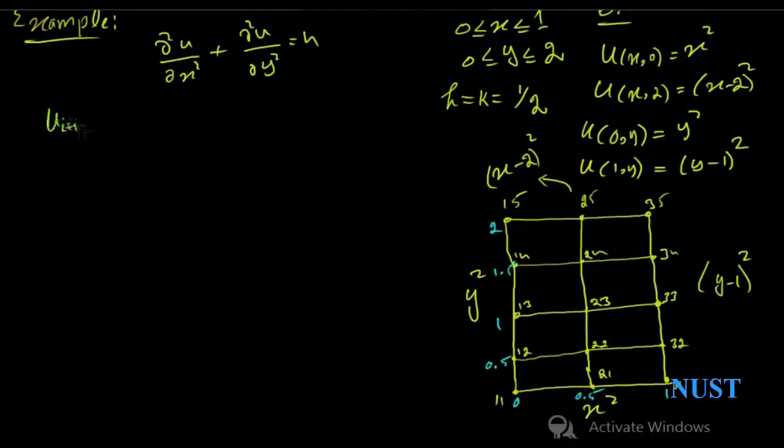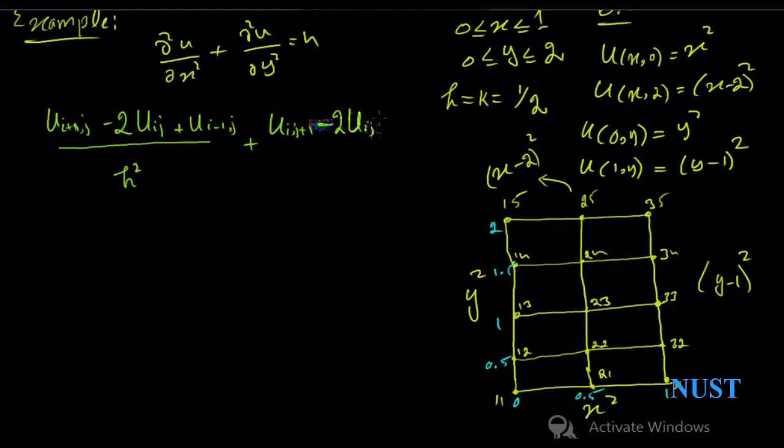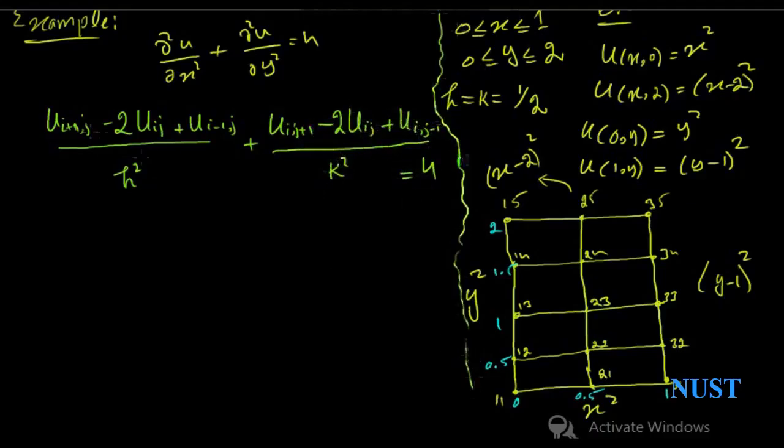Now going back to the given partial differential equation, use the central divided difference formula in the x, y coordinates. H is for the step size in the x direction. K is for the step size in the y direction. In this case, as they are equal, they can be cancelled out.